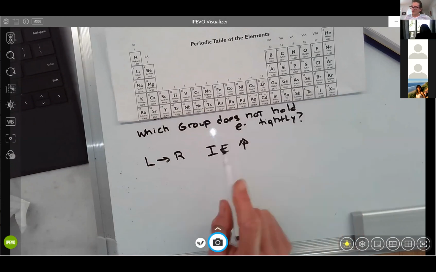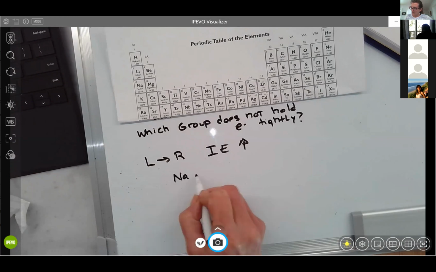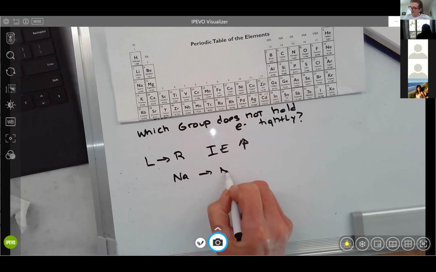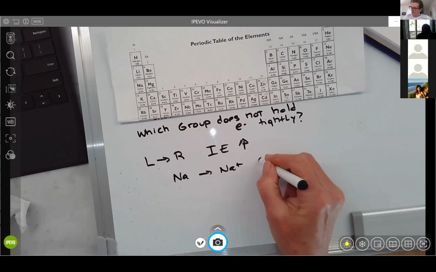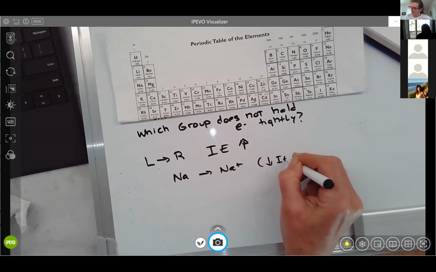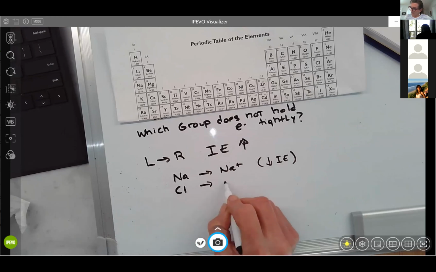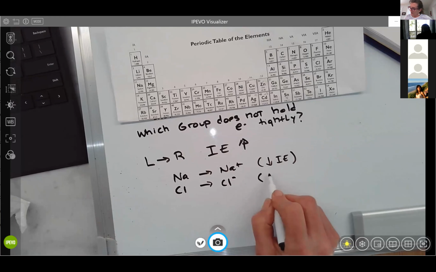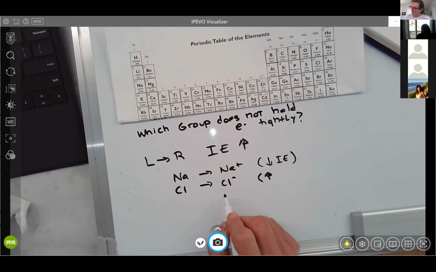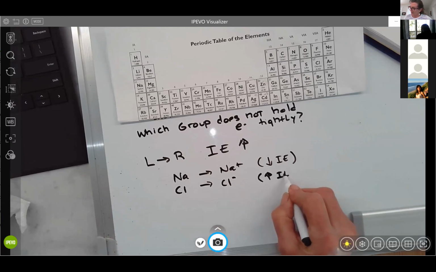The way I remember it is sodium wants to be Na+, so it will have a low ionization energy. Chlorine is stable as chloride, the anion, so it actually wants to gain electrons, not lose them. So it's going to have a very high ionization energy.